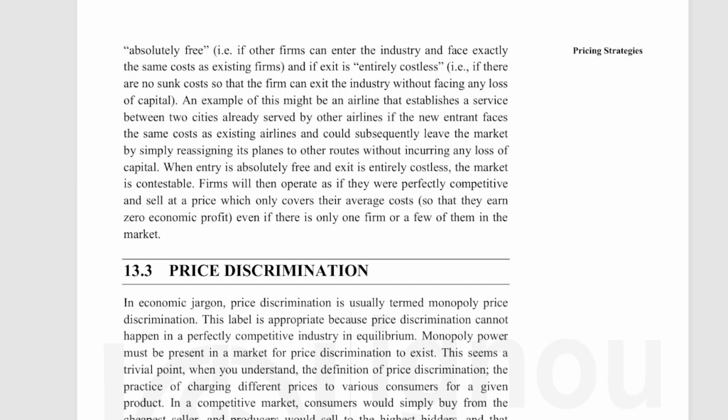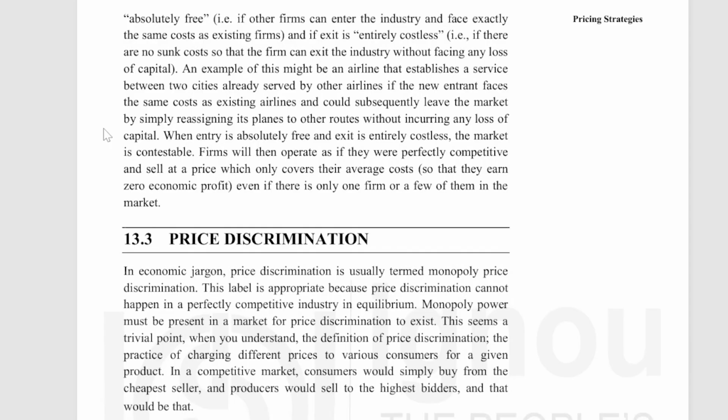An example of this might be an airline that establishes a service between two cities already served by other airlines. If the new entrant faced the same costs as existing airlines and could subsequently leave the market by simply reassigning its planes to other routes without incurring any loss of capital.